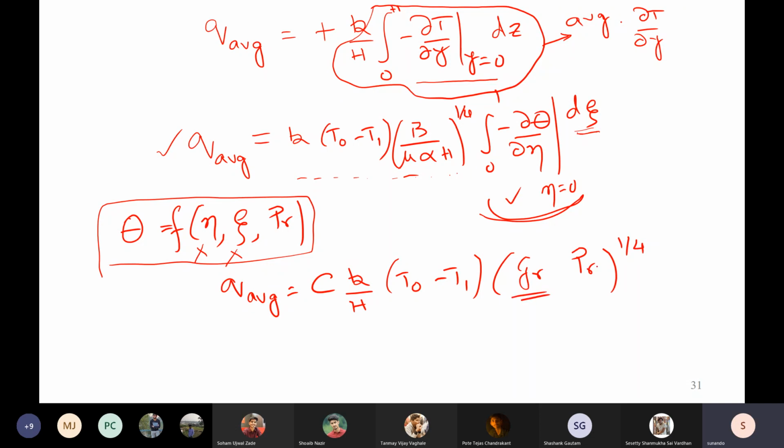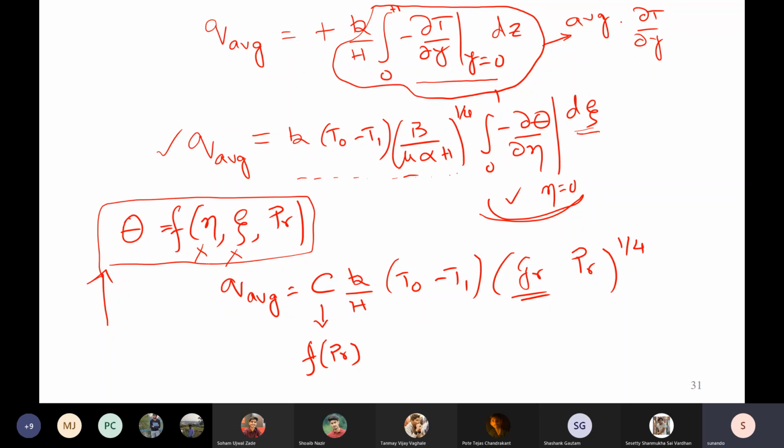You know the definition of Grashof number; you can always see it in any text. But this C must be a function of Prandtl number for the discussion that we have over here. Agreed? Any question?